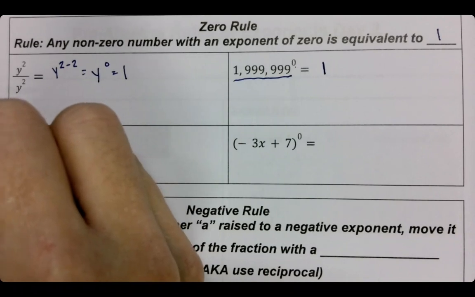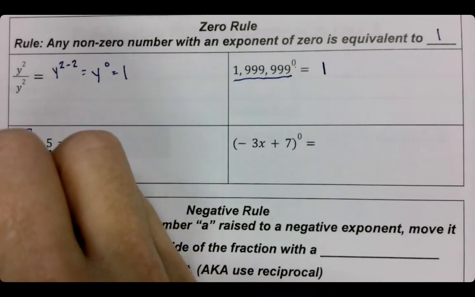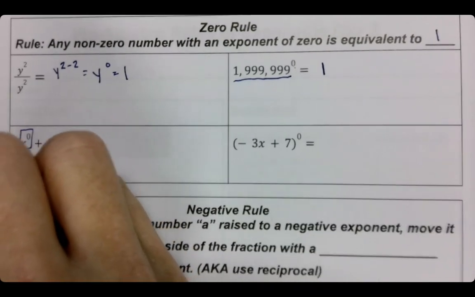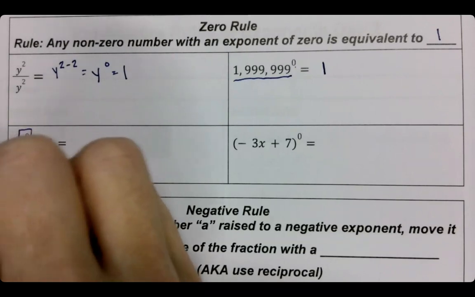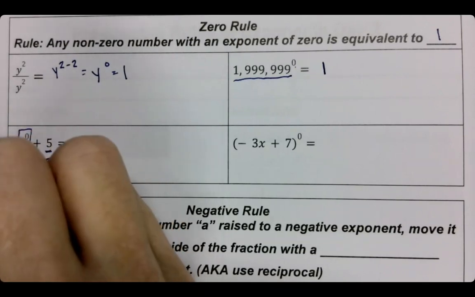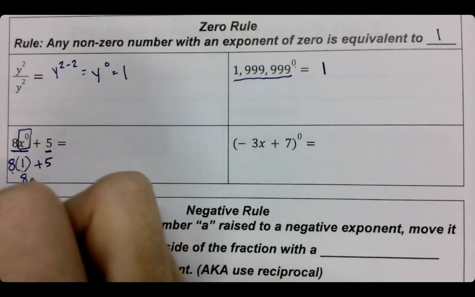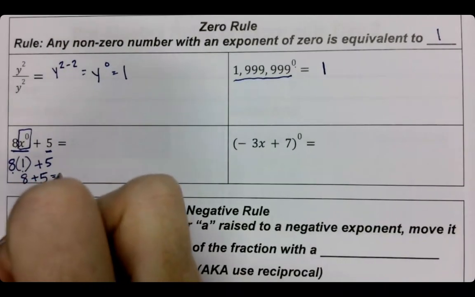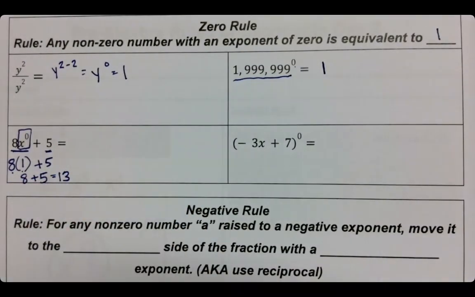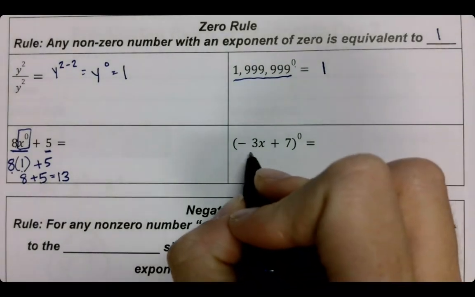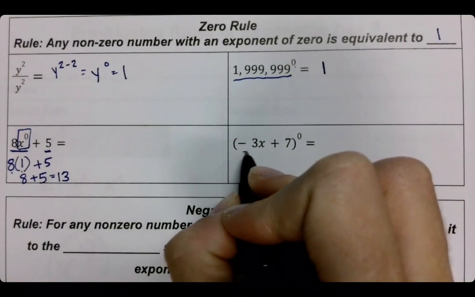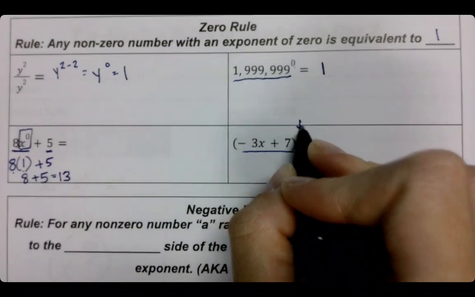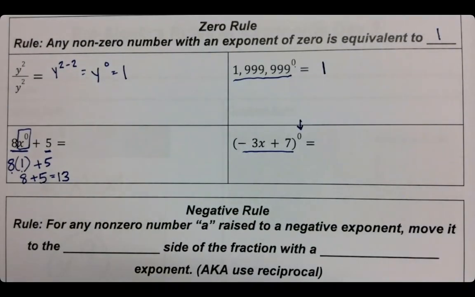No. So this piece equals 1, but that is still an 8. So 8 times 1 is 8, plus 5 is 13.